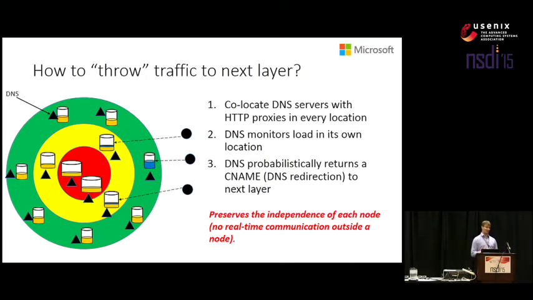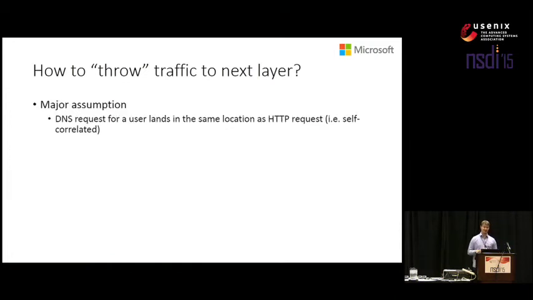There is a major assumption, though, when we're doing this, and that is that a DNS request for a user lands in the same location as the HTTP request, i.e. the requests are self-correlated. This is not actually guaranteed for all particular requests. An example of this is if you're in Comcast in Seattle, your DNS server in Comcast is either in Salt Lake City or in Portland.